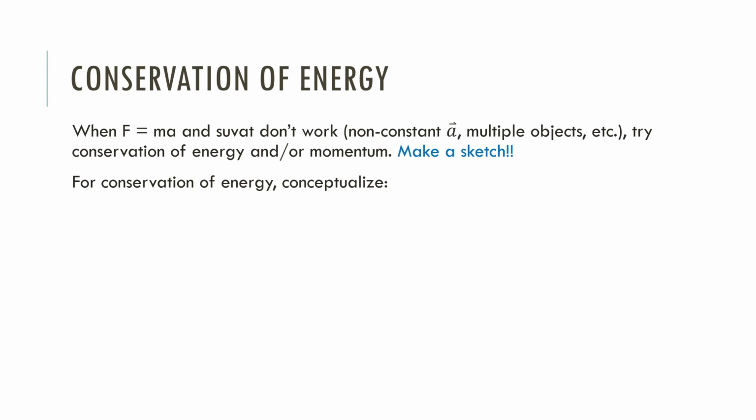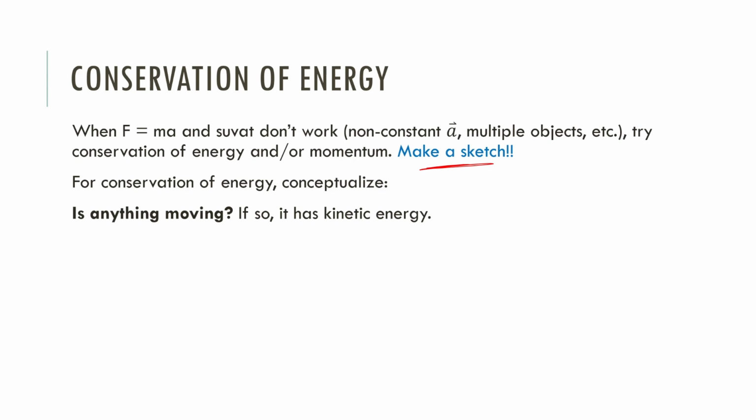Conservation of energy, you want to ask yourselves these questions. You need to look at the before and after and make a sketch of the before and after situations. So two sketches so you can visualize what's happening. And you need to think about what these energies mean. So don't fall into the trap of being like, oh, if it doesn't have kinetic energy, then it must have potential.